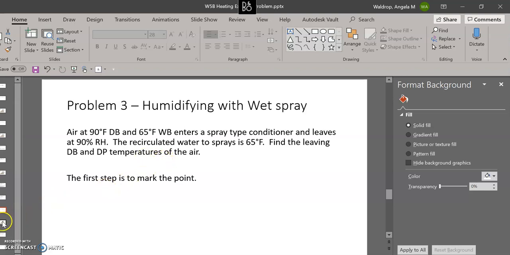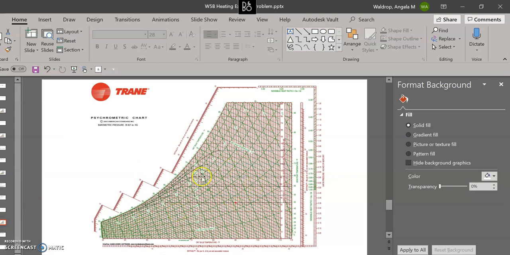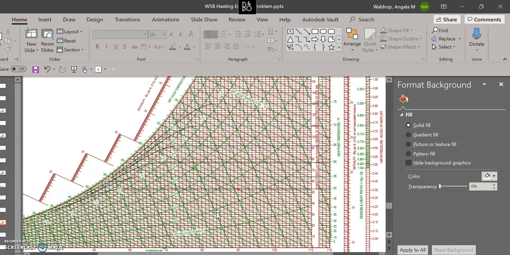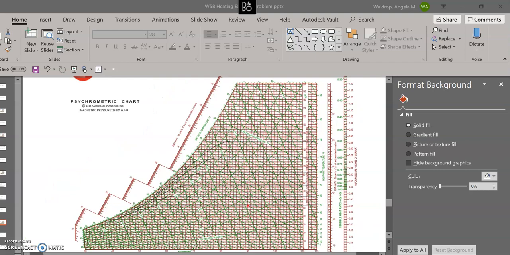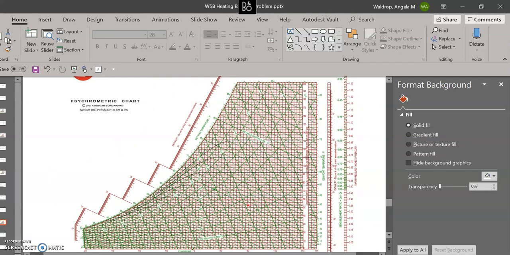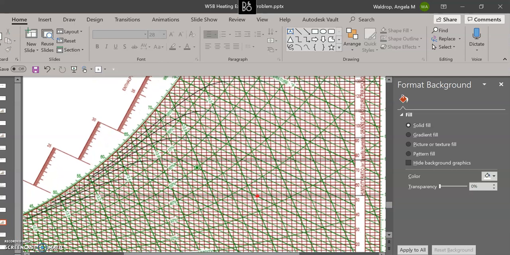The very first thing we need to do is mark the point. You can see that on the psychrometrics chart I've marked the point for you: the 65 wet bulb and the 90 degrees dry bulb there. Now, since we are allowed to use the 65, we're going to trace up until we hit 90 percent relative humidity.